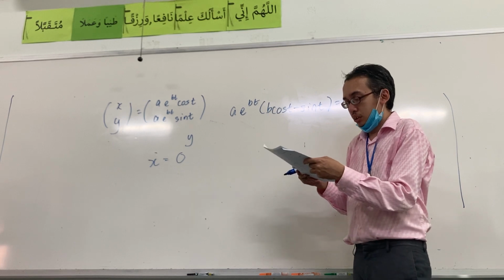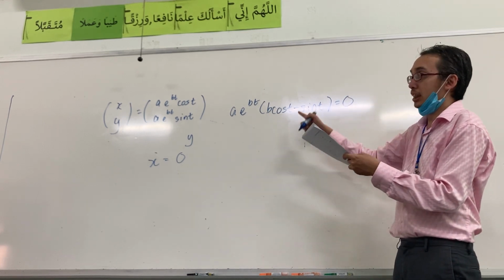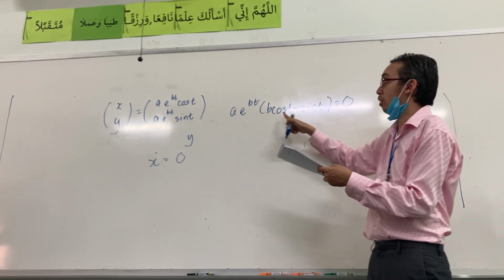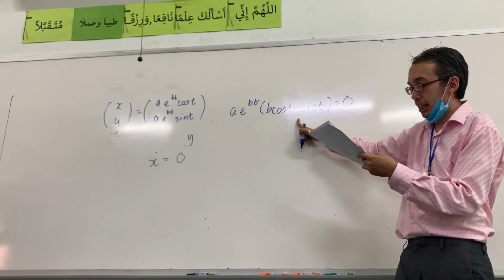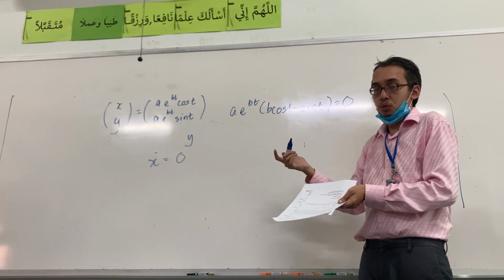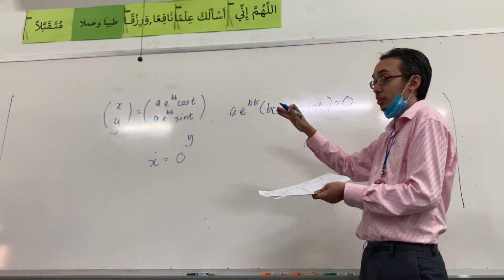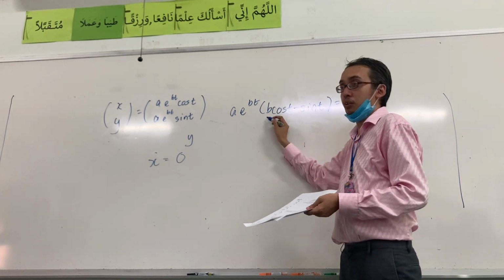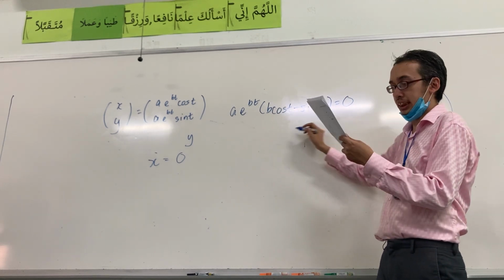After that you have to solve for this. Either this is equal to 0 or this is equal to 0. But e to the power of bt cannot be 0. e is always positive, so this one is ignored. You just focus on this.